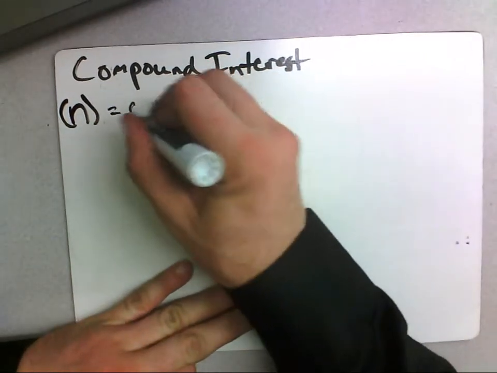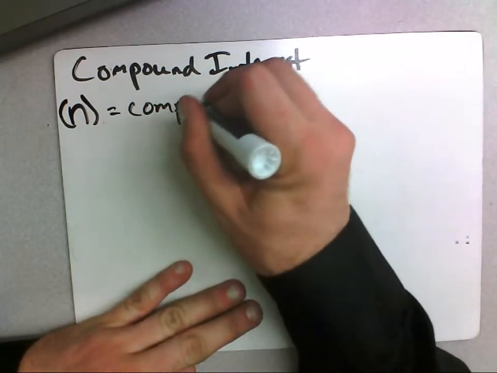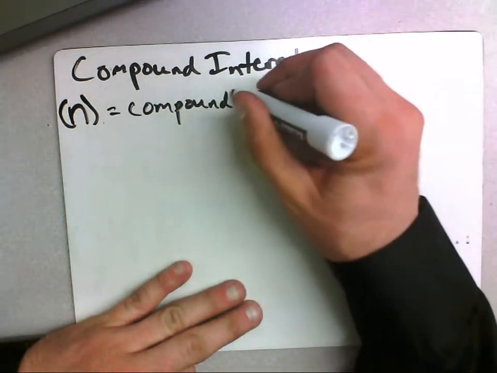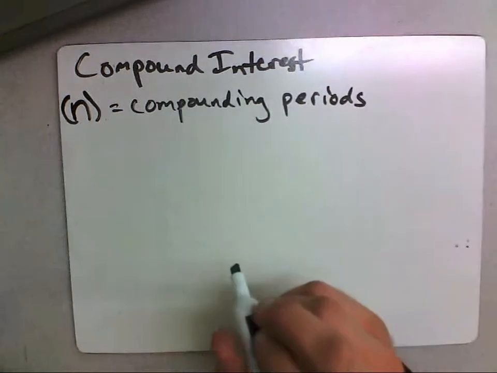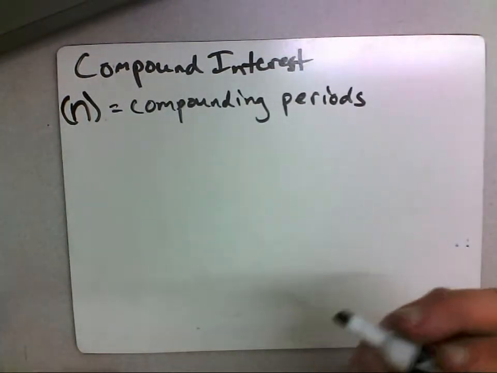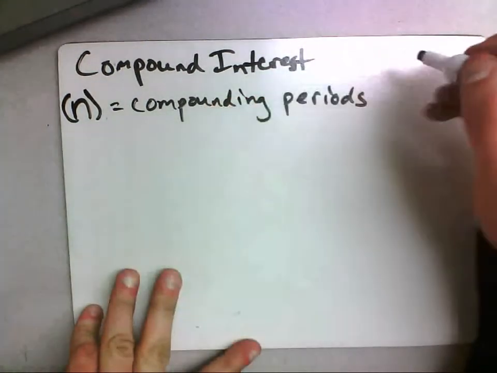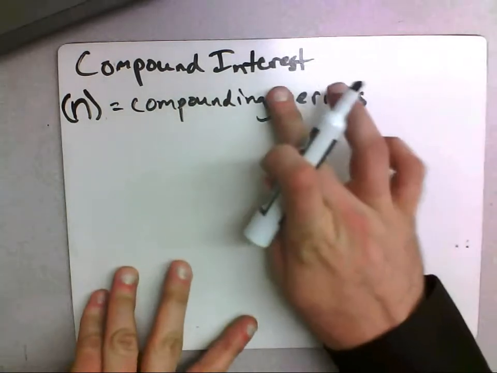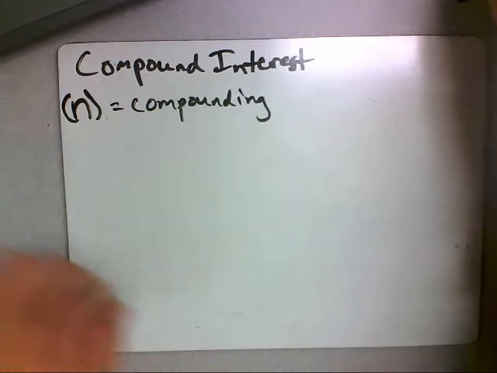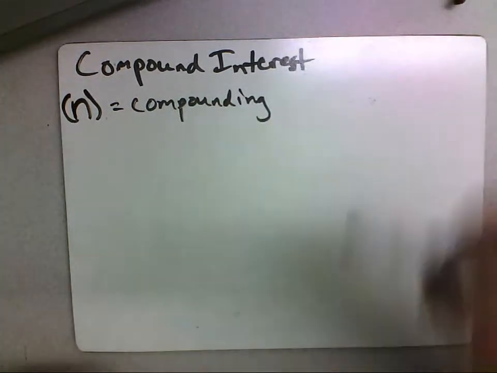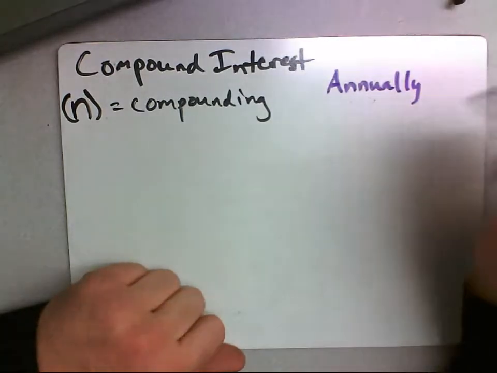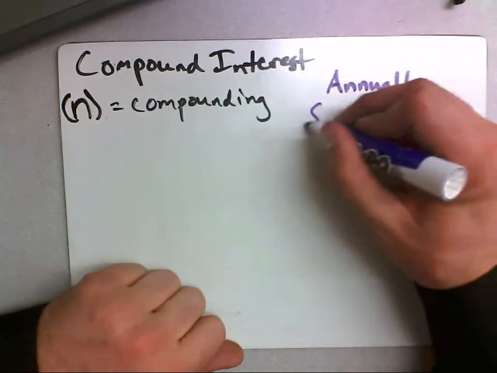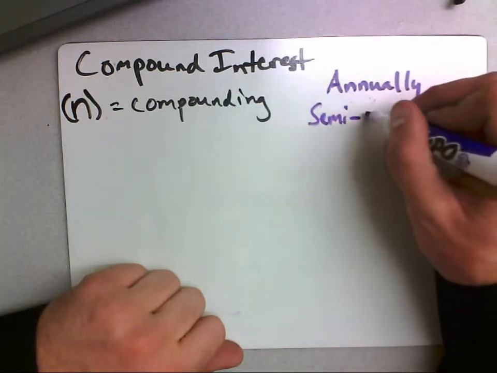And in this case, it just means compounding periods. So, our compounding periods, some words that you're going to need to get used to are annually, semi-annually, quarterly, and monthly.